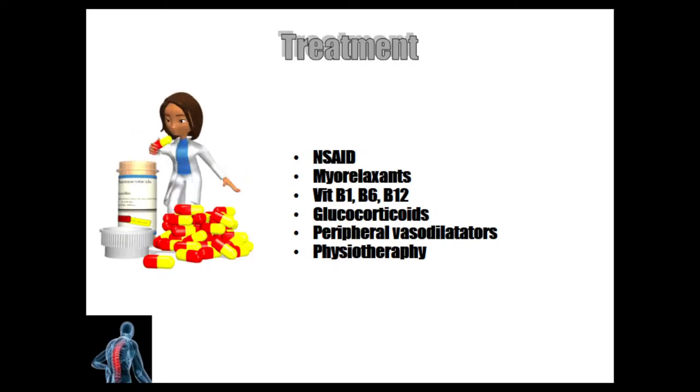For example, tizanidine or mydocalm. Vitamin B1, B6, B12 complexes usually will improve nutrition of the neurons. So we will try to save the spinal nerve. We will try to restore the normal function of the spinal nerve.